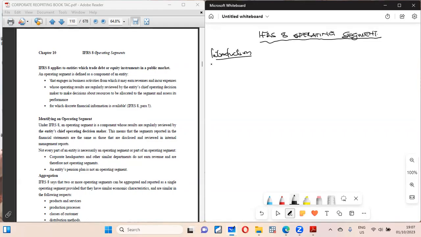You see, you've been learning consolidation. I think Bill has been working with you around consolidation, and he has paused for a while. But the essence of consolidation is that you have a parent, right? Normally, you have a parent company. Then you have a subsidiary, and you may have even another subsidiary.